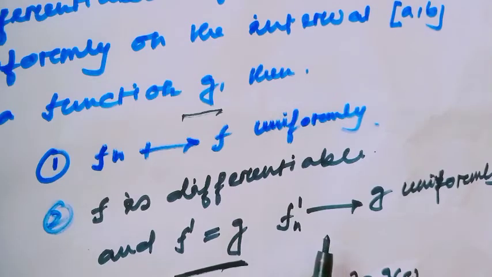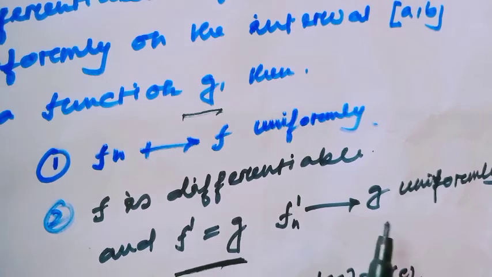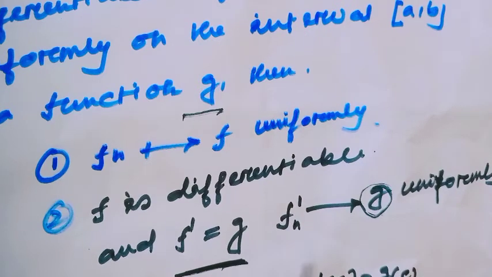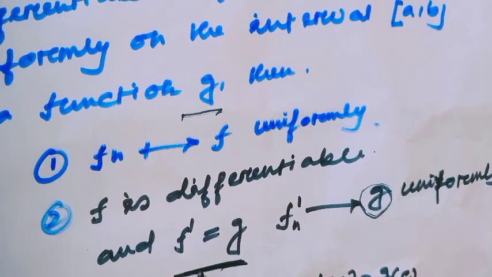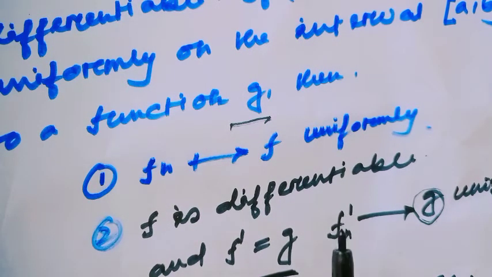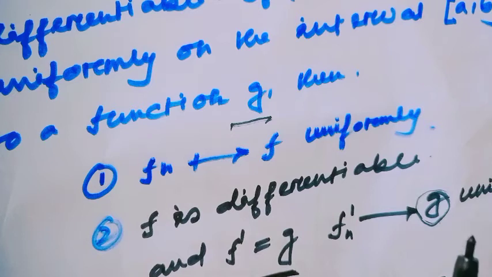The original idea is, if Fn prime converges to g uniformly, then this g is actually the same as f prime. This theorem is important for finding the uniform convergence of a sequence of functions more easily.